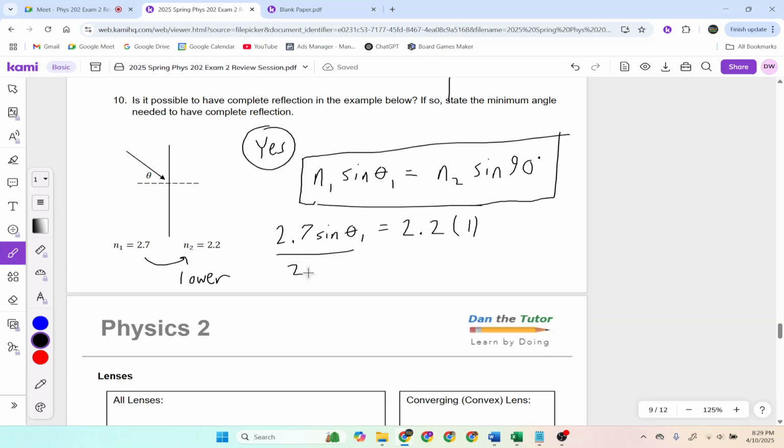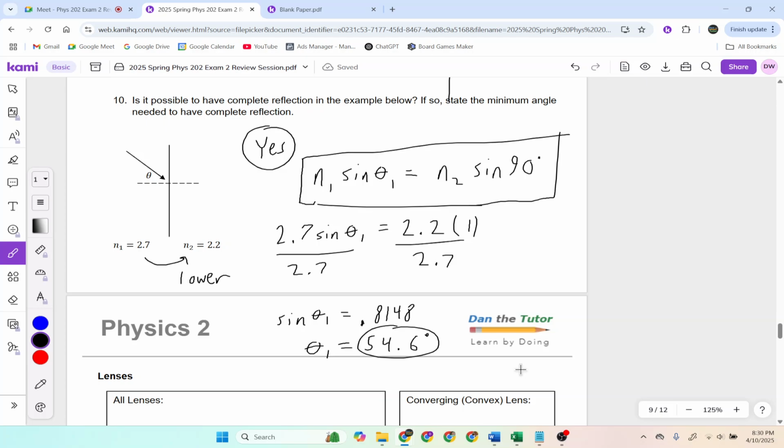So then divide both sides by 2.7. So sine theta 1 equals 0.8148. And then we take the inverse sine again, and that's going to give us a final answer of 54.6 degrees.